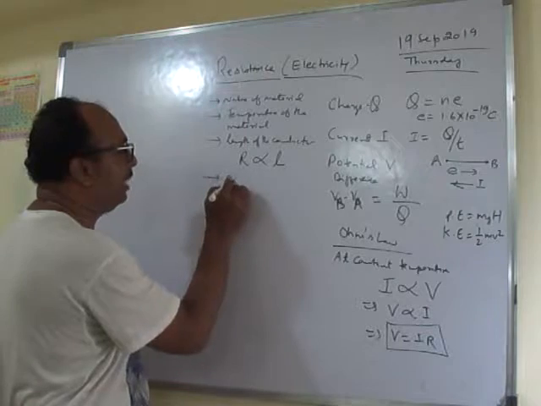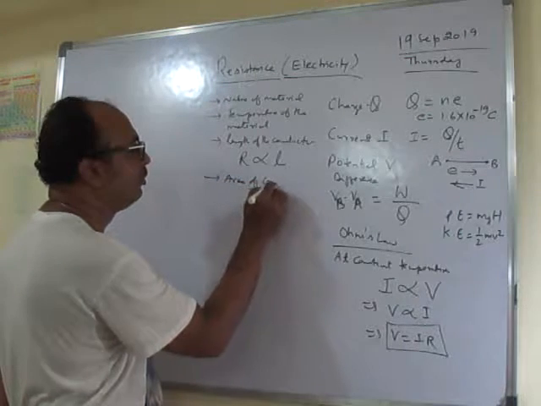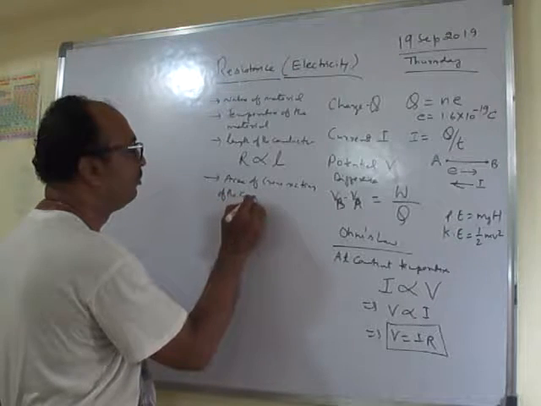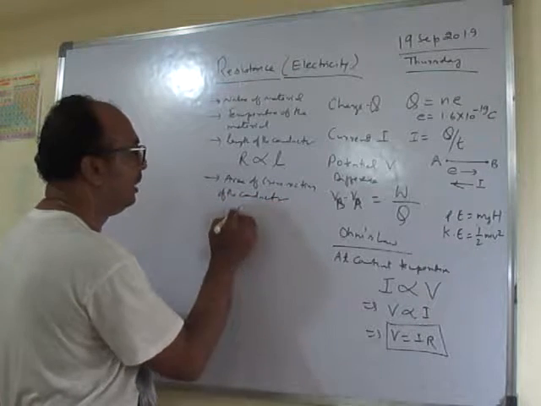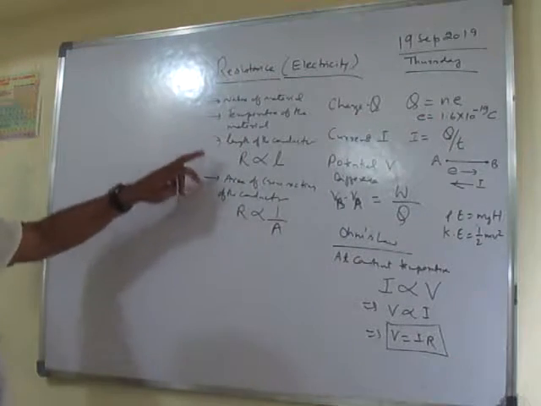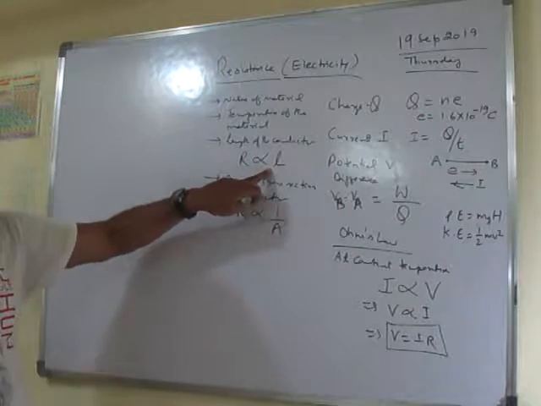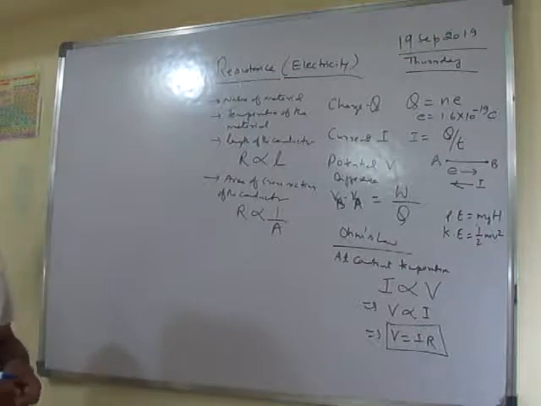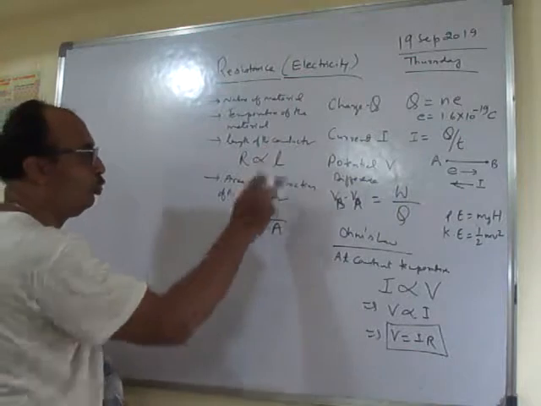Similarly, it depends on the area of cross section of the conductor, that is, R is inversely proportional to the area. So R is directly proportional to length and inversely proportional to the area of cross section of the conductor.